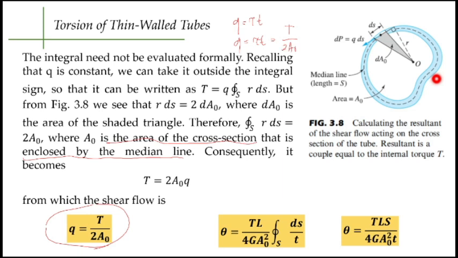So therefore, tau is equal to T over 2 area naught times t. Okay, so that is now the relationship between shear stress and torque.